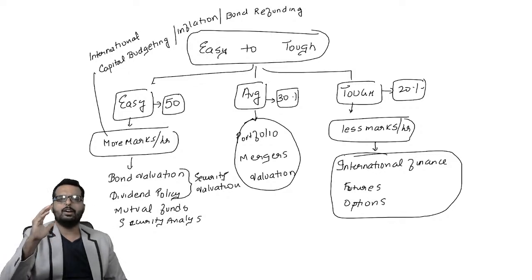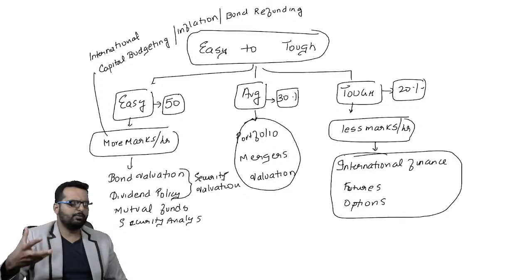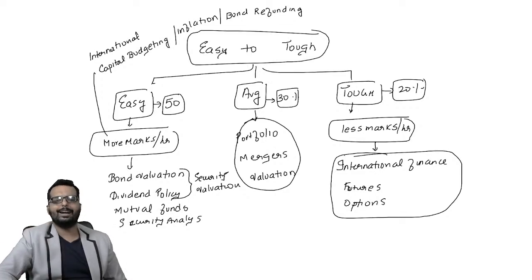Now, friends, if you have any other doubts that you want me to clarify, let me know and I'll clarify that also. With that, we can pack up our RTP revision session.